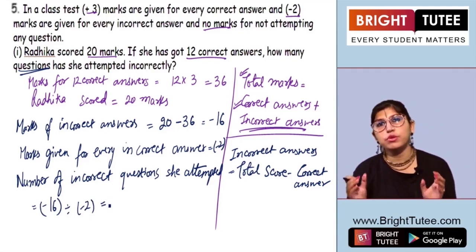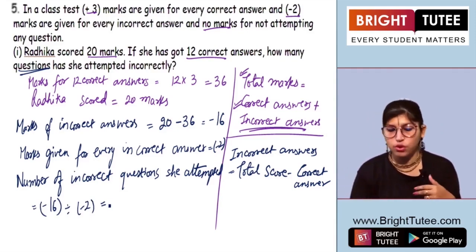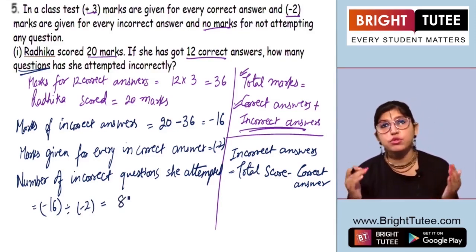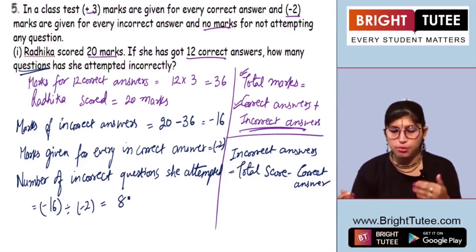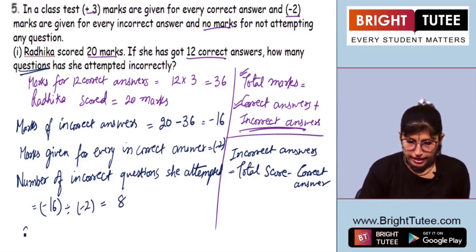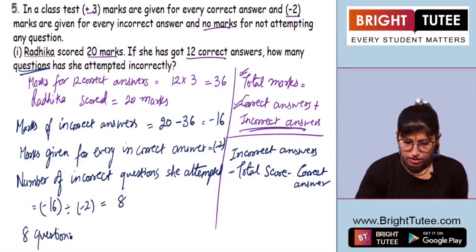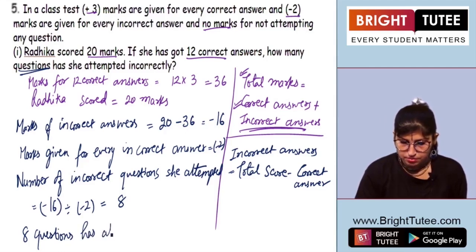Since we have two negative integers, we will be dividing as whole numbers, which gives 8, and we have two negative integers, so we will be getting the final answer as 8. So 8 questions have been attempted incorrectly.